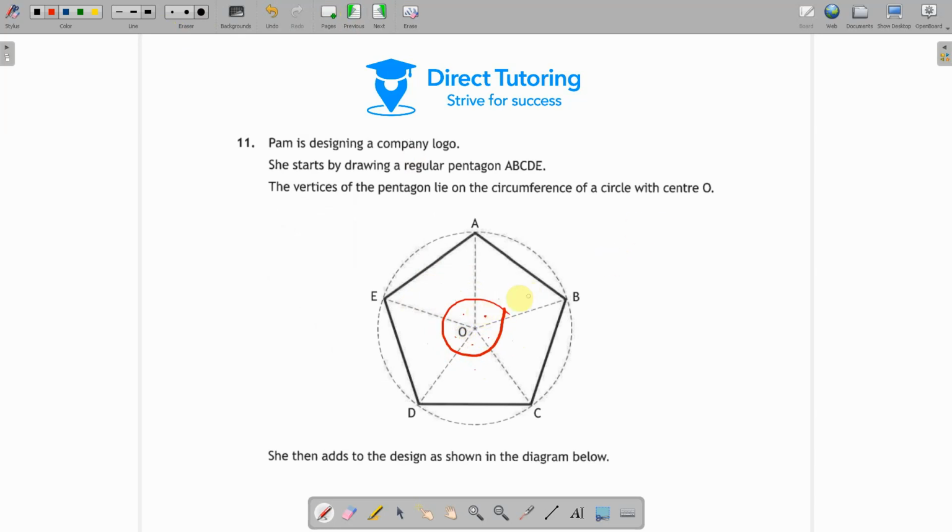So for this angle in here, we'll have 360 divided by 5. And that will give us an angle of 72 degrees.